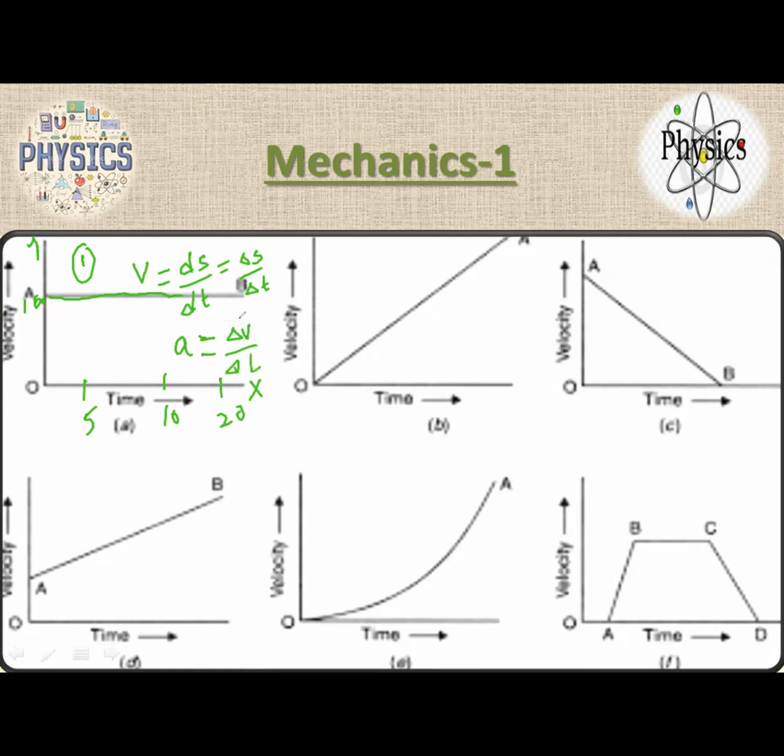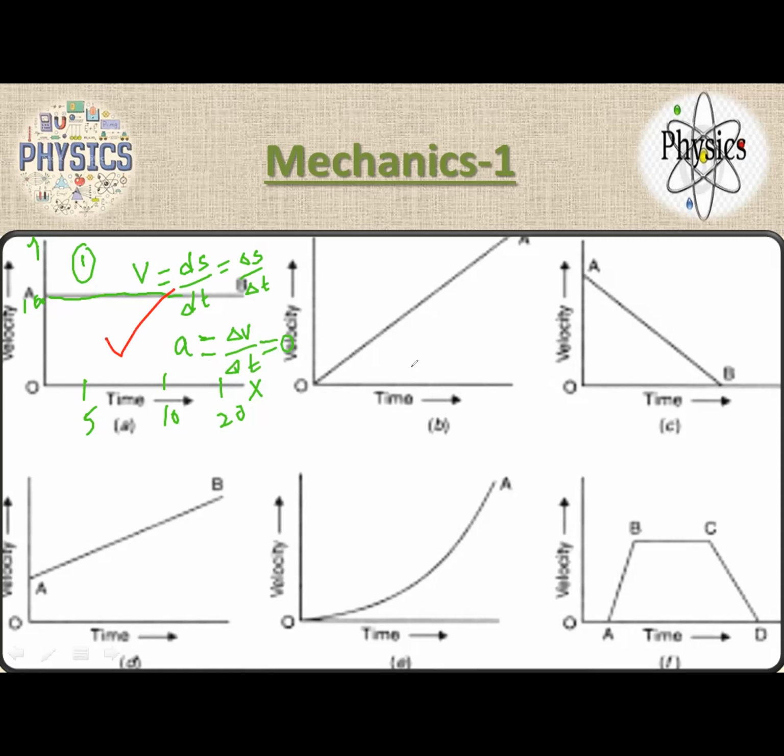If there is no change in delta V, you can simply say it is equal to 0. From the first graph, we learned that velocity is constant over time. If the velocity is constant, we can conclude that acceleration is equal to 0. Is it clear? Yes, sir.